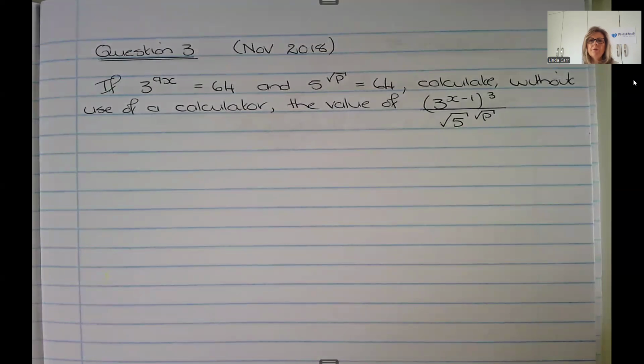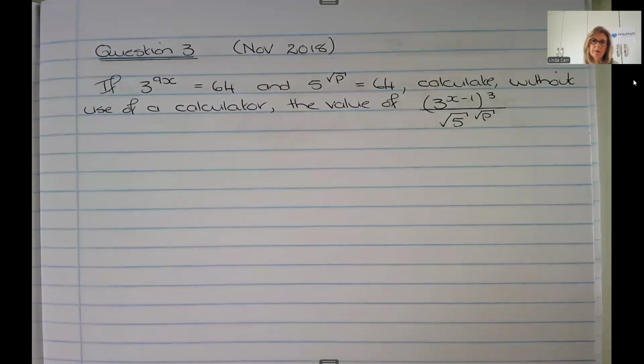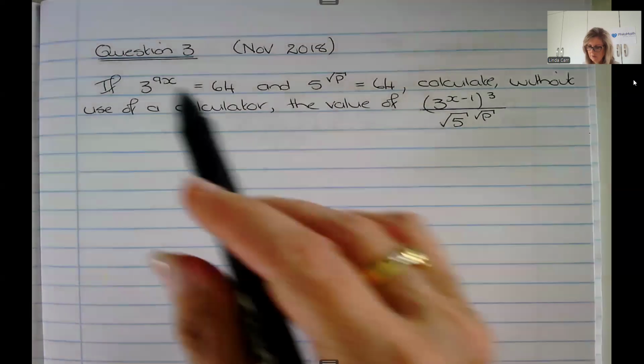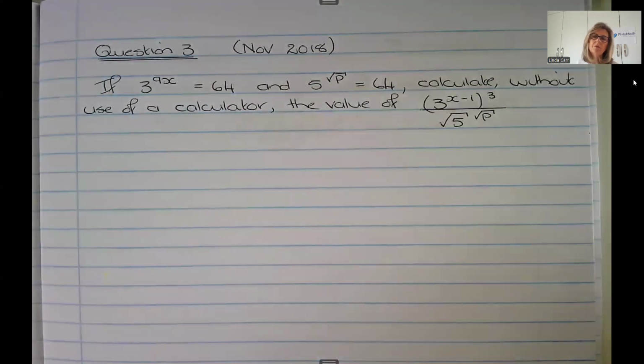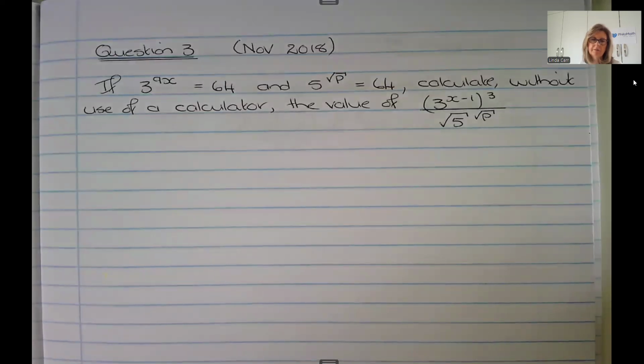So the first thing I thought of was oh, but look, these are both equal to 64. So I wondered whether it wouldn't be a good idea to make 3 to the 9x equal to 5 to the root p. But when I stopped and thought about why would I do that, I thought I'm doing that because I'm trying to solve for x or to solve for p, and I'm going to have different bases, different exponents, and I'm going to be stuck.